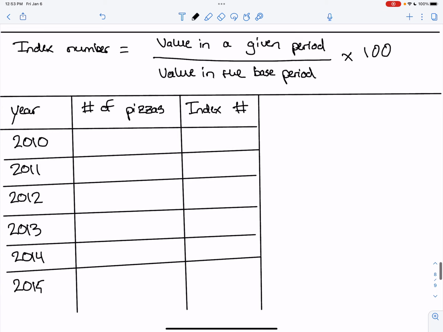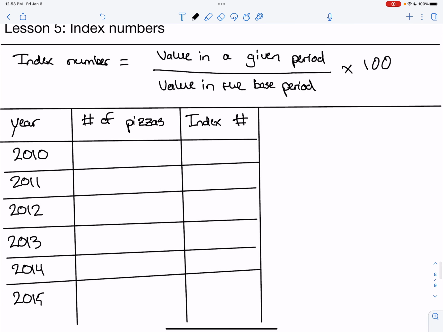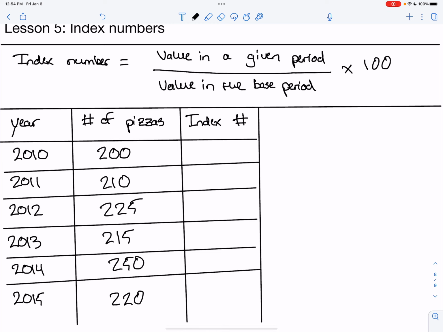In the year 2010, this particular pizzeria produced 200 pizzas. In 2011, it produced 210 pizzas. In 2012, it produced 225. In 2013, it produced 215, then 250, and finally 220.